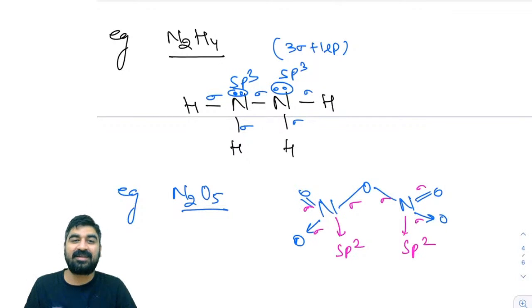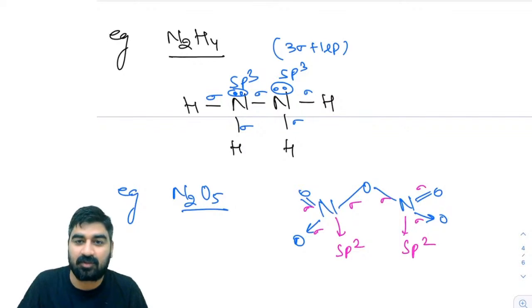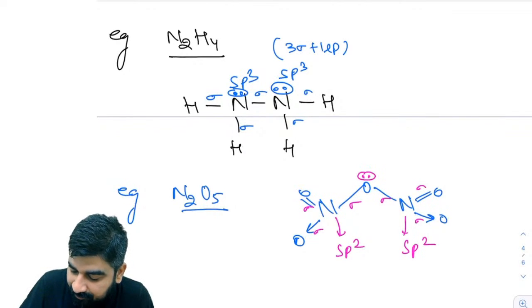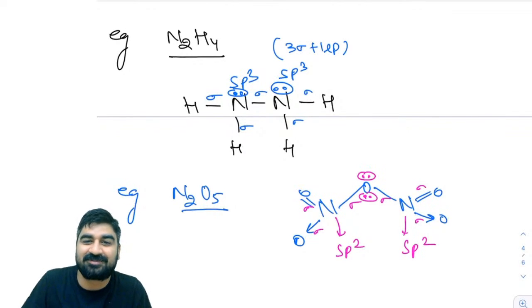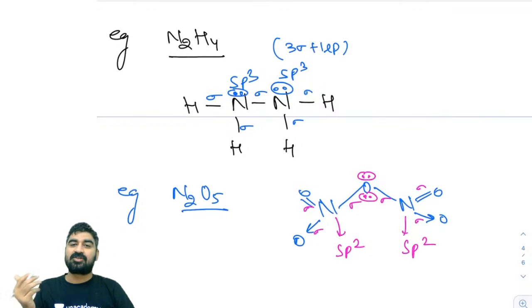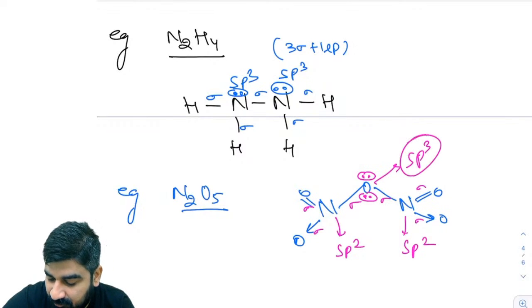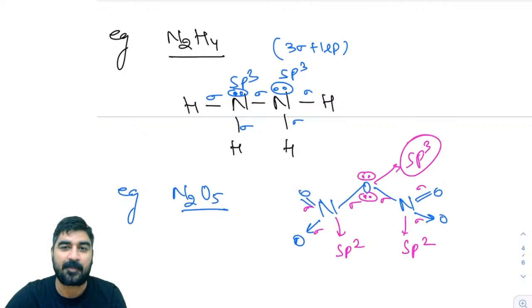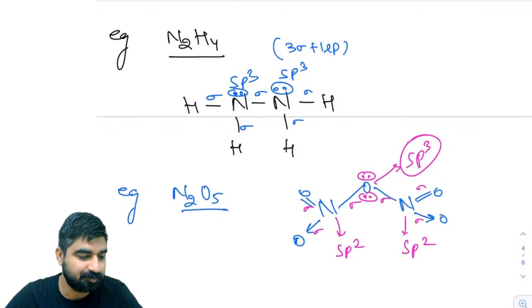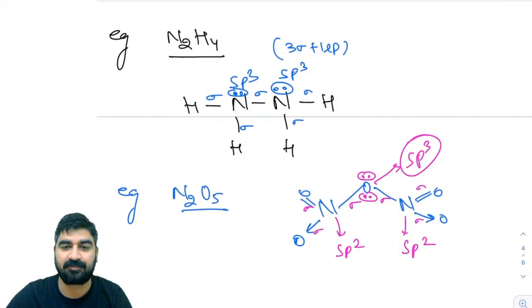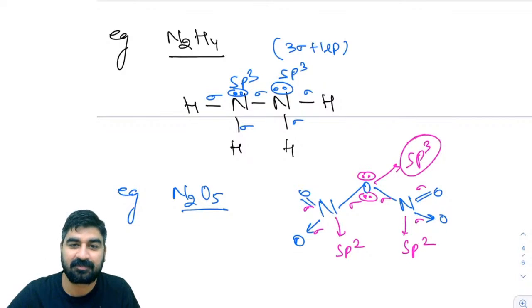So it will be planar. Got it? And what about this oxygen over here? It is having 2 lone pairs. So it will be V shape. So this oxygen will be sp3. Any doubt, guys? Any doubt, please ask me if you have. No doubts? Shall I move ahead now?